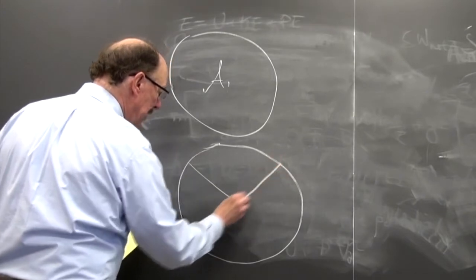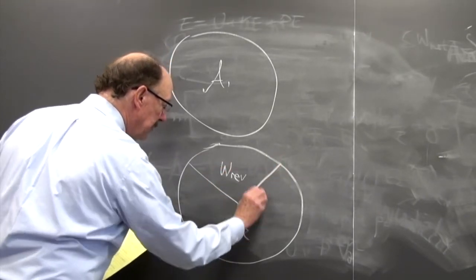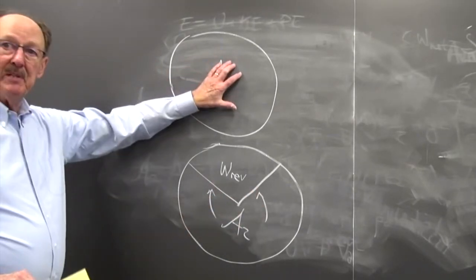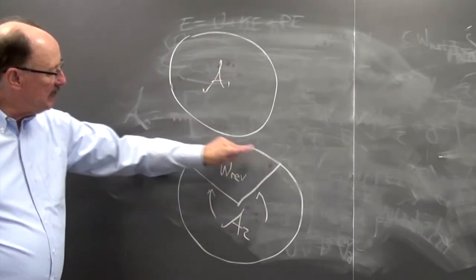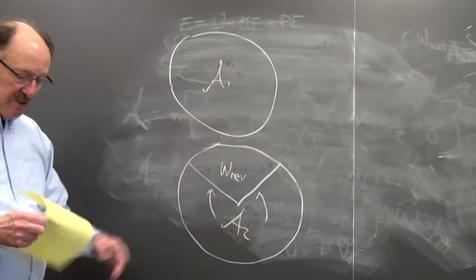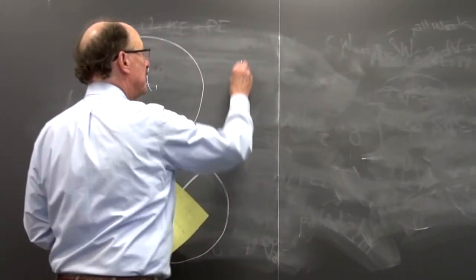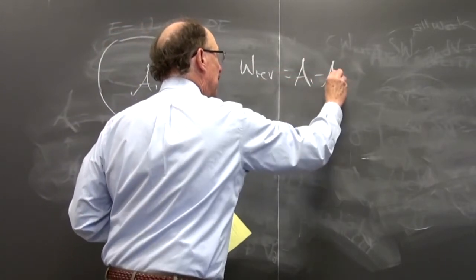I'll have a certain amount of W reversible done, and this gives me A2. So of the initial work potential, some is left as the availability, and the difference between the two is the difference between the availabilities. So W reversible is equal to A1 minus A2.